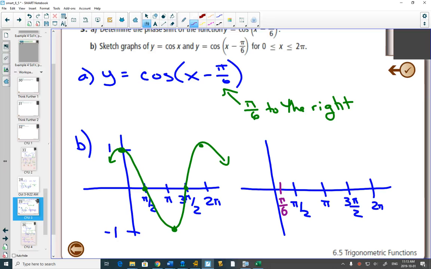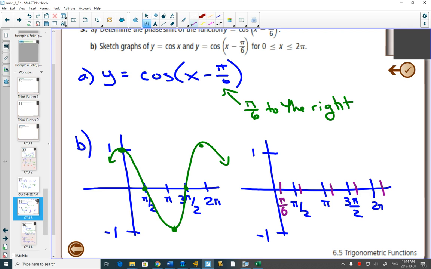So what's going to happen now is we need to shift each of these 5 points pi over 6 to the right. So I'm going to take and shift here. I'm going to draw a line here, pi over 6 to the right, there pi over 6 to the right, there pi over 6 to the right, there pi over 6 to the right. My maximum is still going to be 1, and minimum -1.